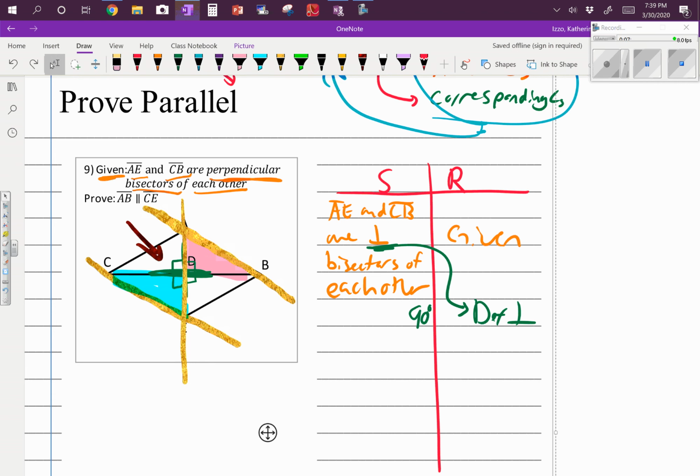I don't want to deal with this triangle and this triangle because that's not going to help me get angles next to my beautiful gold sparkly lines. I want angles right near my gold sparkly lines in order to prove parallel.